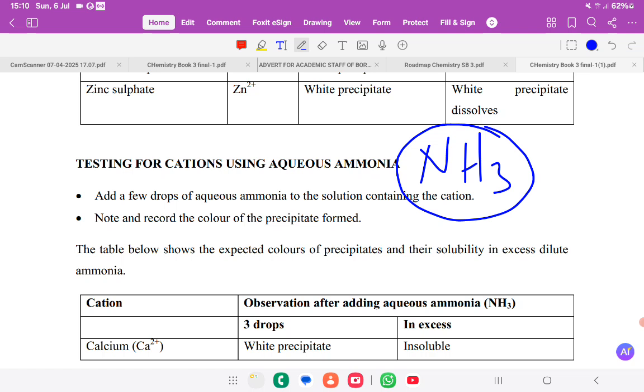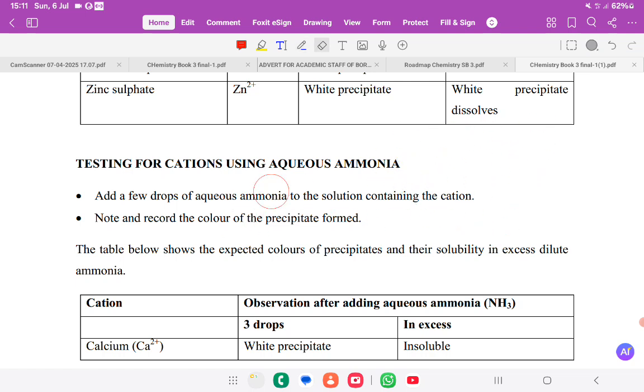So in order to identify a cation using this, all you have to do is add a few drops of aqueous ammonia to the solution which contains the cation of interest, and then you note and record the color of the precipitate. It's as simple as that.